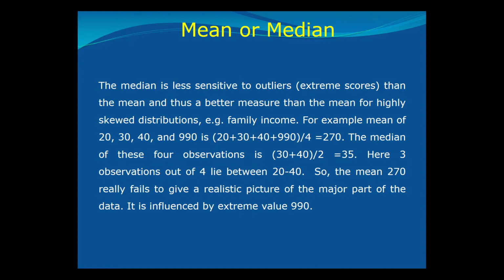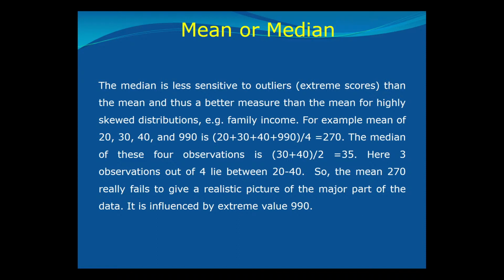For example, let's take family income. The mean of 20, 30, 40, and, let's say, 1,000 is equal to 272.5. The median of these four observations is 35. Here, 3 observations out of 4 lie between 20 and 40. So the mean of 272.5 really fails to give a realistic picture of the major part of the data.